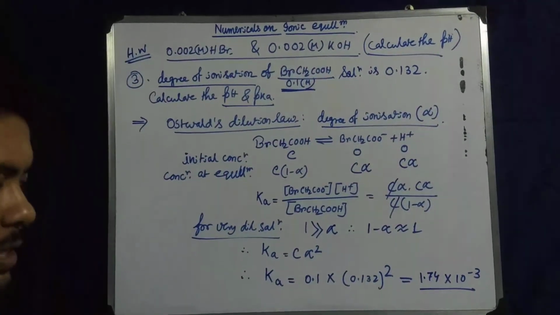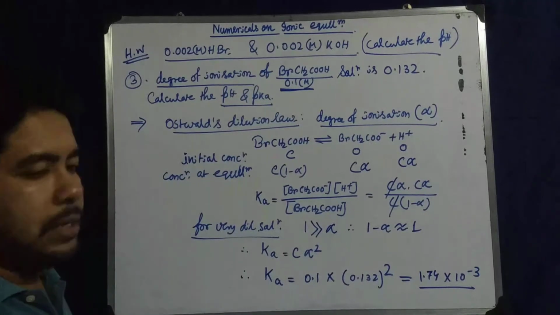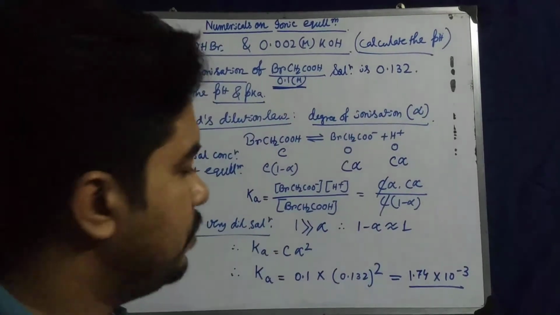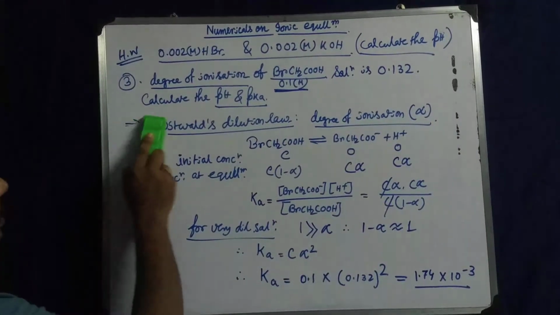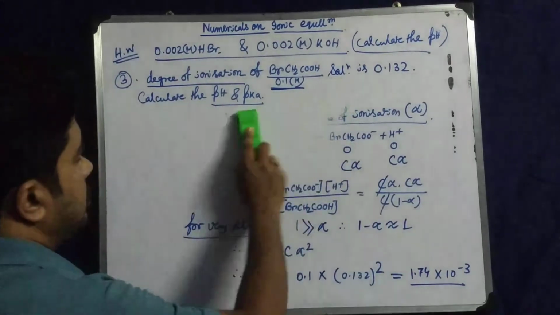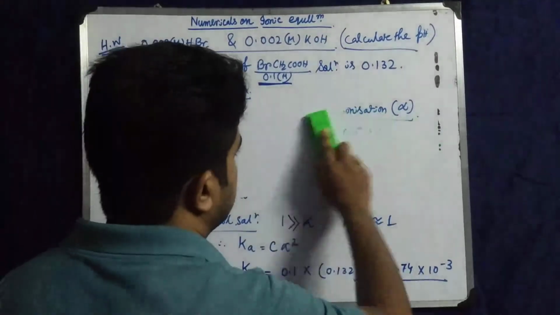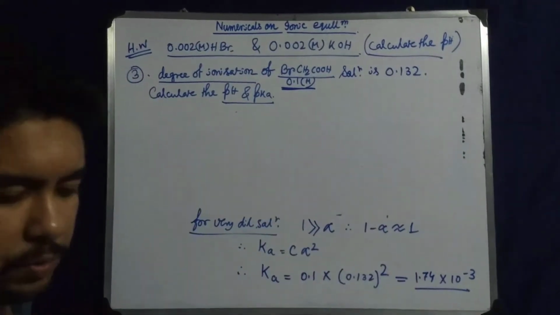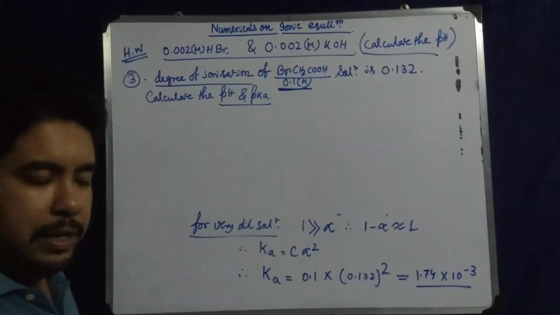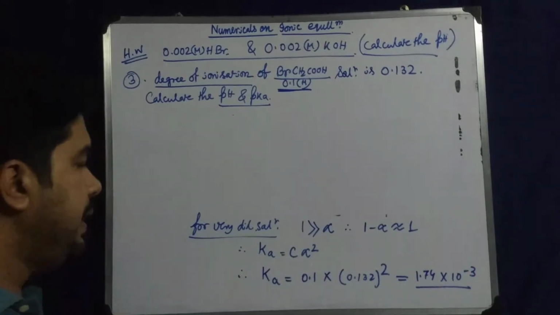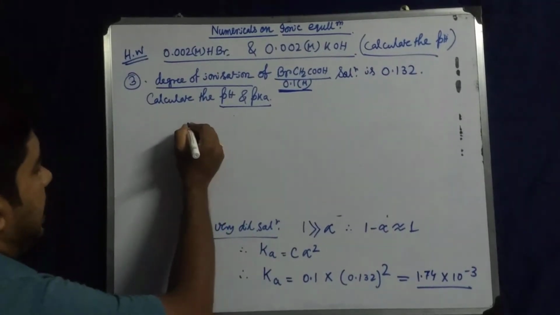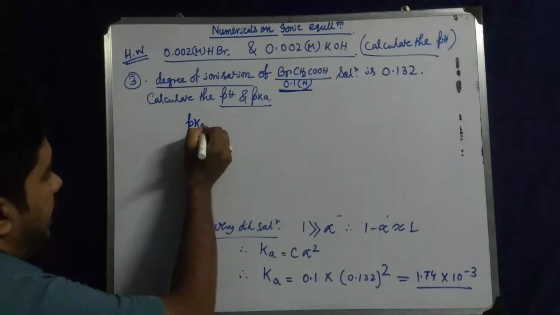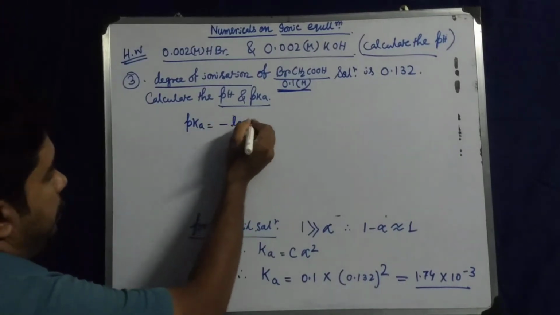So let's consider this Ka value and calculate the pKa value. We already got the value of Ka. So what is the pKa value? pKa is minus log of Ka.